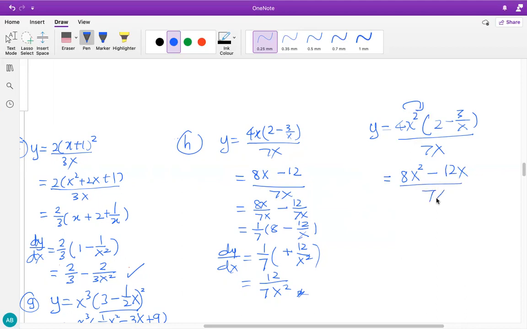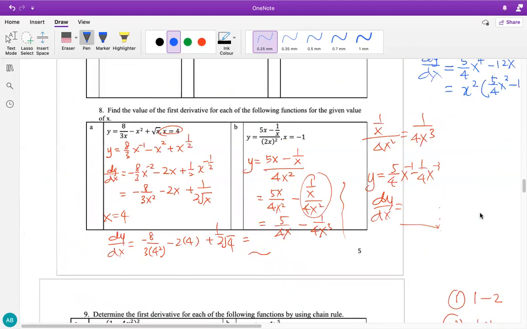Then you write over 7x. So you get 1 over 7 out. This one you simplify, x squared and x cancel out, you get 8x. And then this one cancel, you get minus 12. Now different, right? You differentiate. This one 0. So you get 8 over 7. So the answer for the workbook should be this. Sorry.